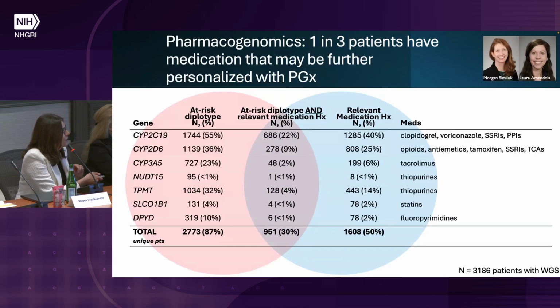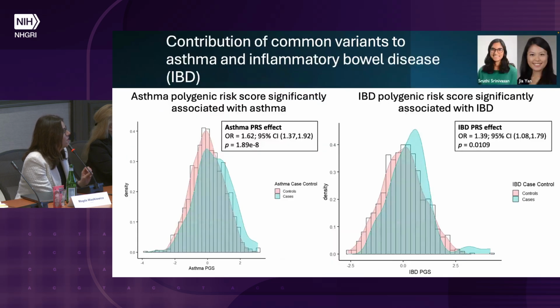Some of the data that we are also interested in interrogating is the common variation. As discussed yesterday quite a bit as well, we often talk about the variable expressivity or non-penetrance of some of the disorders that we deal with.